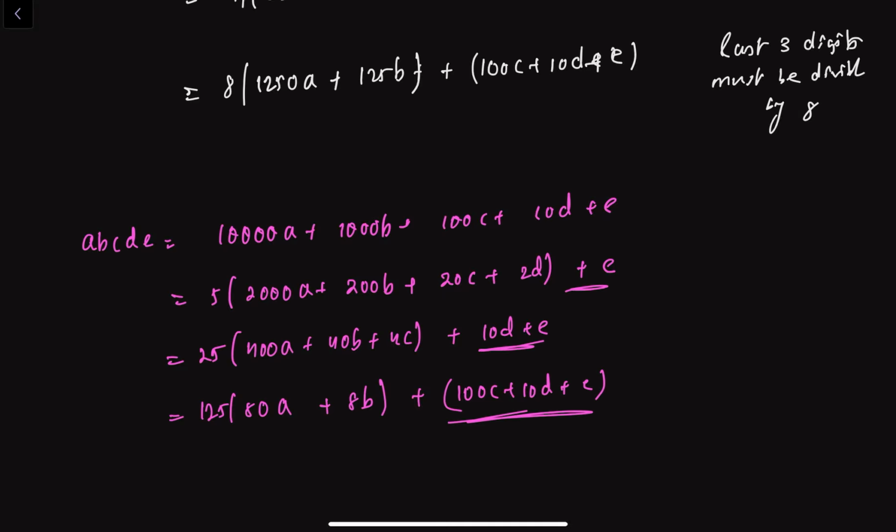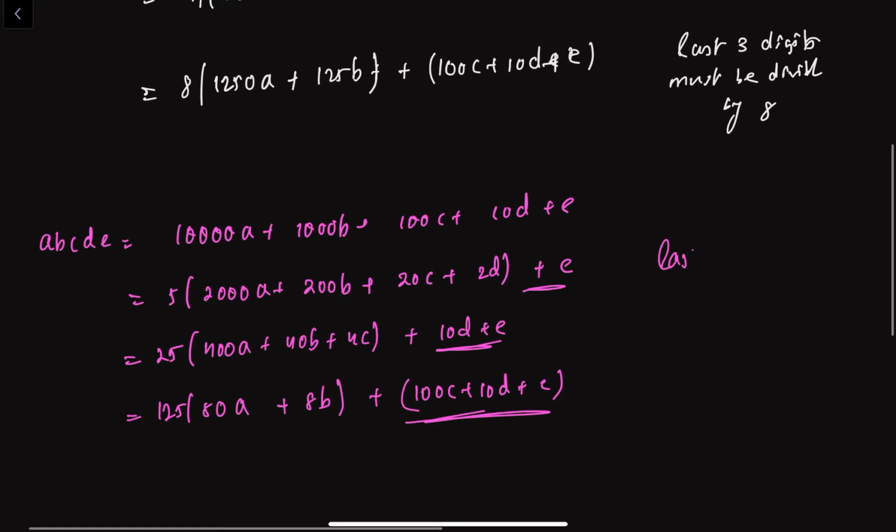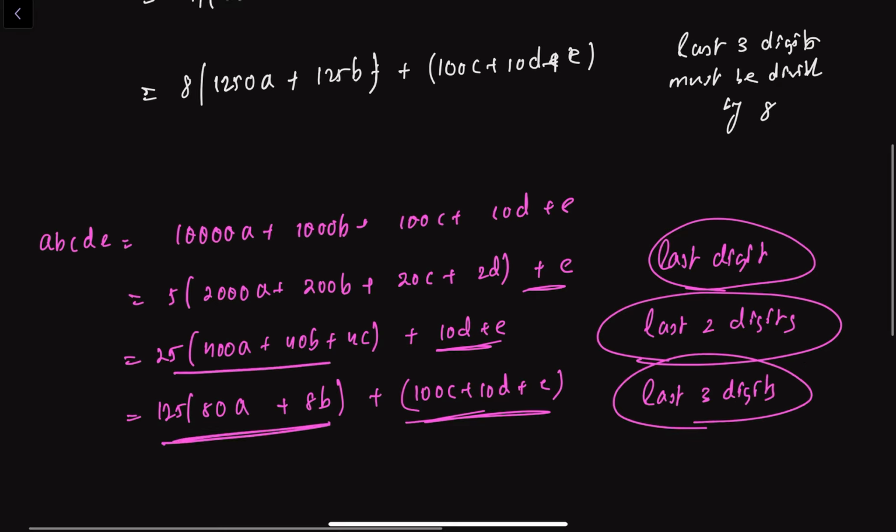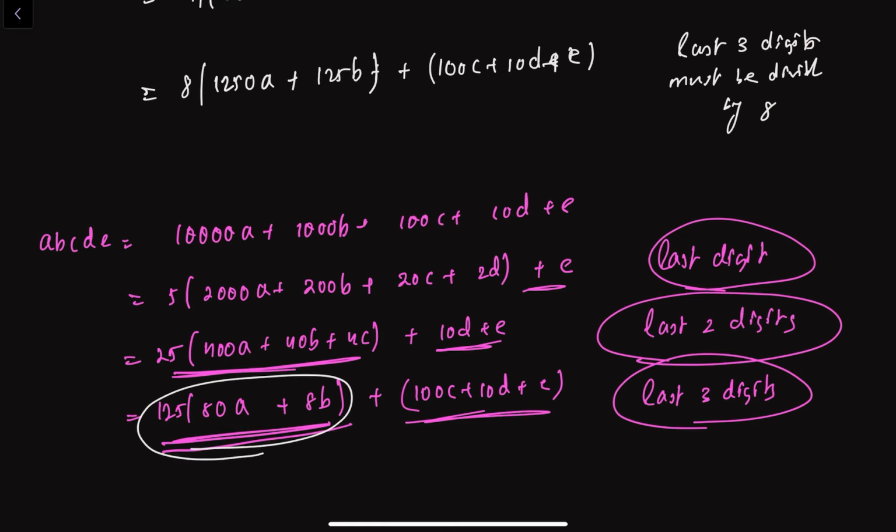The divisibility rule of 5 is that the last digit must be divisible by 5. The divisibility rule of 25 is that the last 2 digits must be divisible by 25. And the divisibility rule of 125 is that the last 3 digits must be divisible by 125, because for 125 this part is divisible by 125, and for 25 this part is divisible by 25.